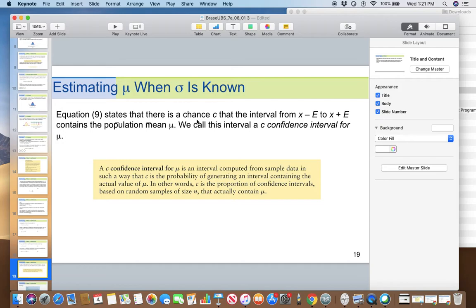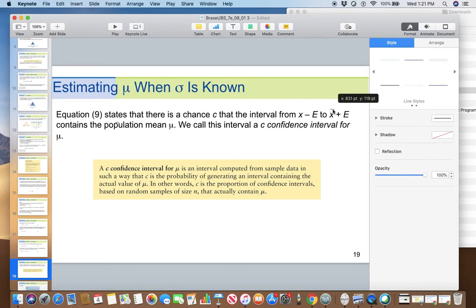So what do we know? There is a chance C that the interval from X bar minus E to X bar plus E contains the population mean mu.